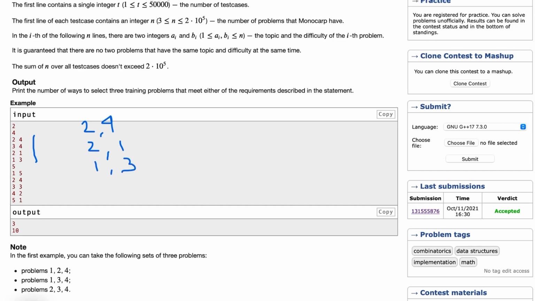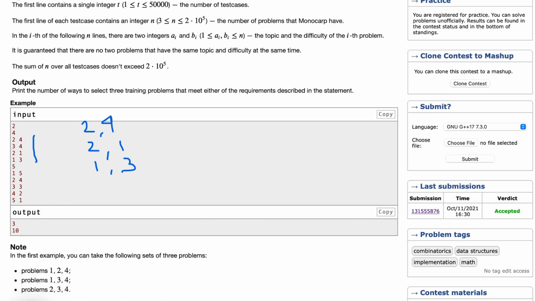Why? Because here the topics are the same for two of them, but all the difficulties are totally different. So yes, this is a valid triplet.